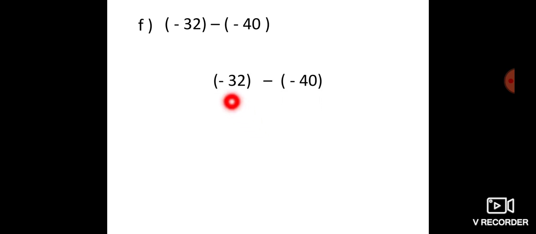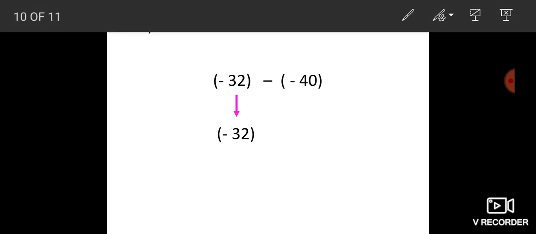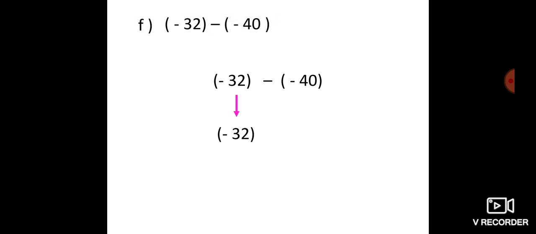Next, our last question, F question, minus 32 minus 40. We write the first number as itself, minus 32. Subtraction changes to addition, and minus 40 changes to plus 40.